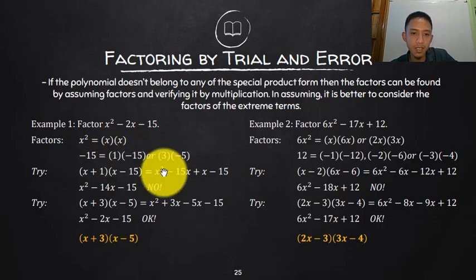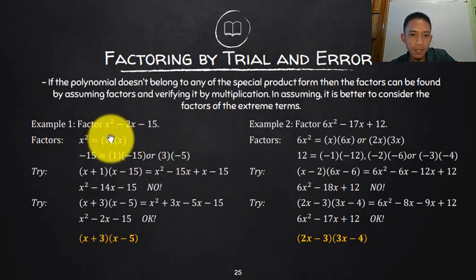Now, just get this pair. This could be your A, that could be your B, or this could be your A, that could be your B. So what will I do? Let's start with this one first: x and positive 1, and then x and negative 15. So that is the factor that I assumed.